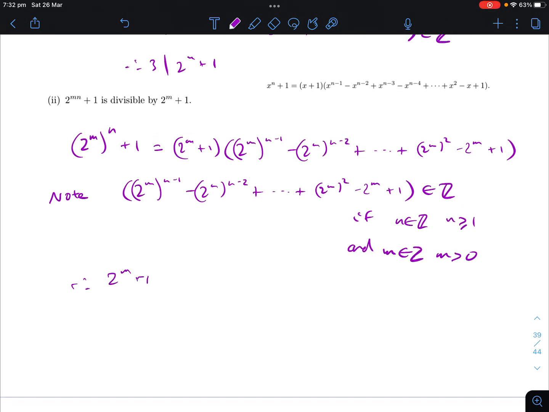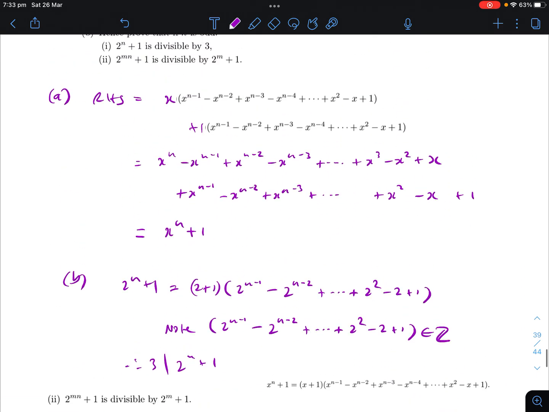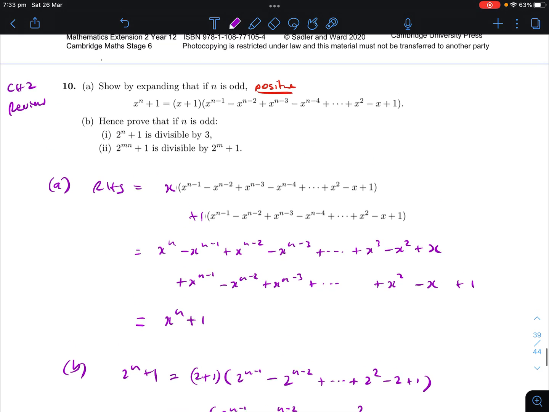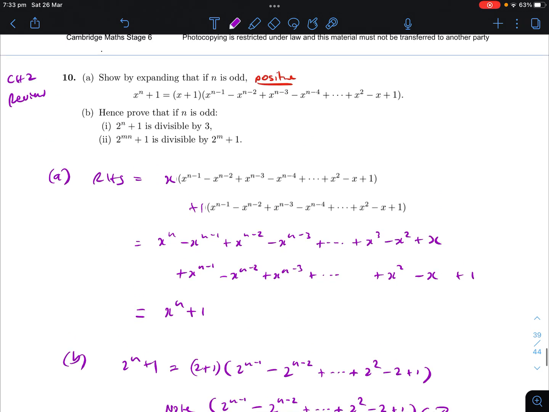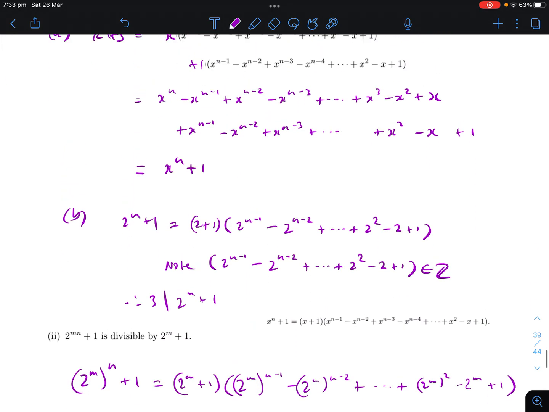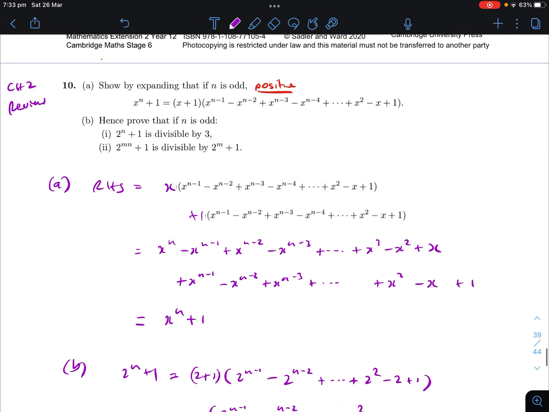Therefore, 2 to the m plus 1 is going to divide 2 to the mn plus 1. Sorry, that took a few twists and turns. But the expansion, I think, was the key thing that was getting in your way. Once you've done that, substitution into that result is relatively straightforward.